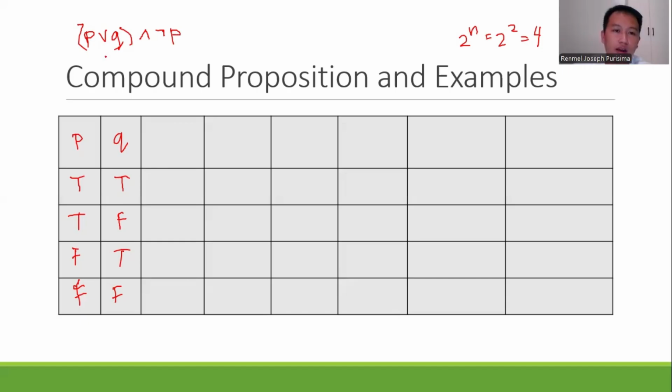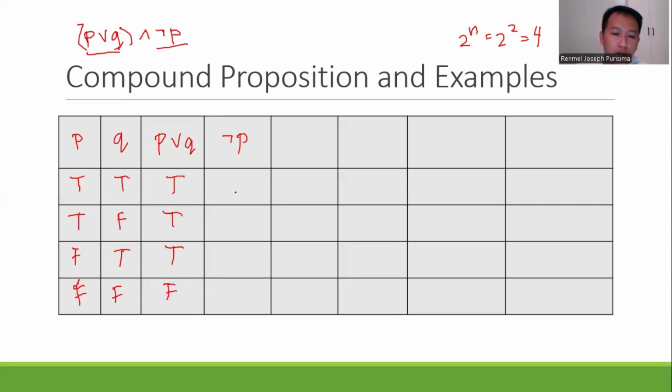Next, we can now perform this operation and this. So we have P or Q, and we can have not P for this. For P or Q, again, it must be both false for it to be false. So this is true, true, true, and this is false.